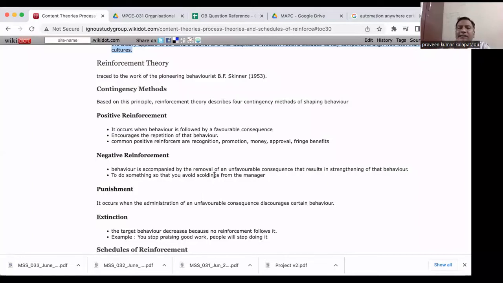So this is like modifying the behavior by continuously reinforcing. There are 4 types of reinforcing that is possible. One is positive reinforcement. You are motivated to do something.